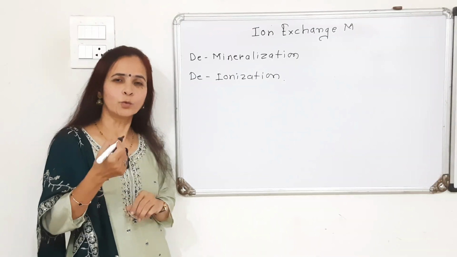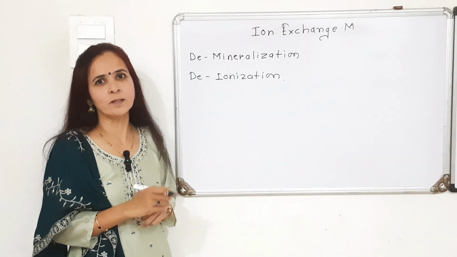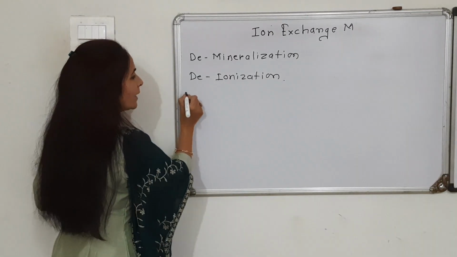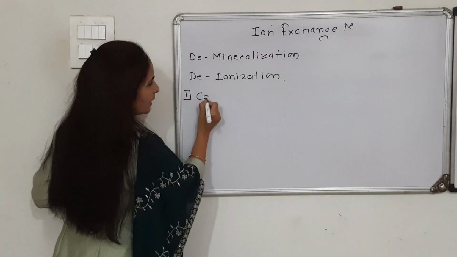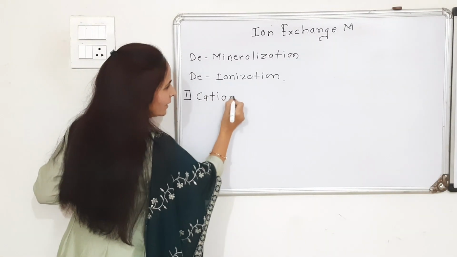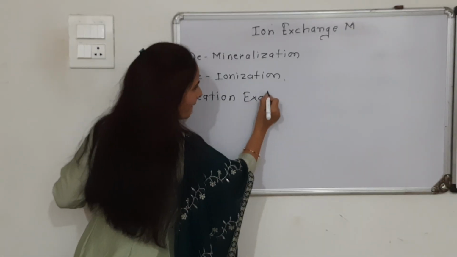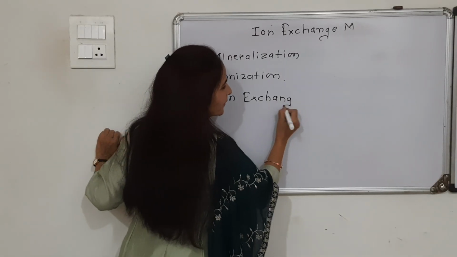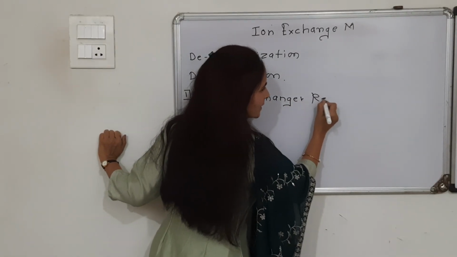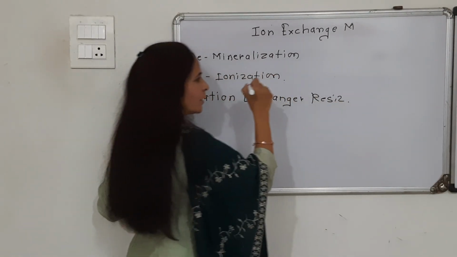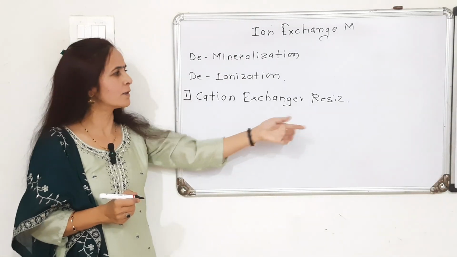There are two types of ion exchanger resins. First, the cation exchanger resin. Now we will see the definition of cation exchanger resins.